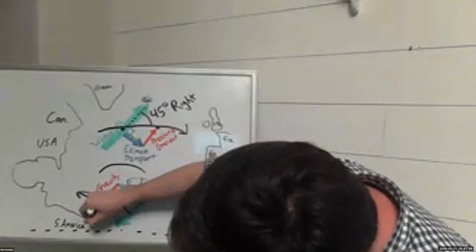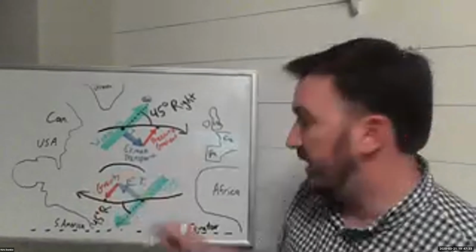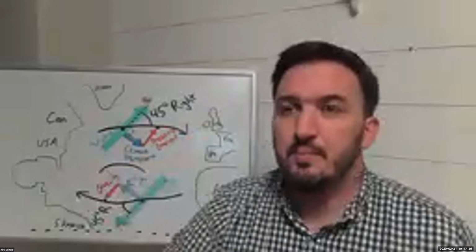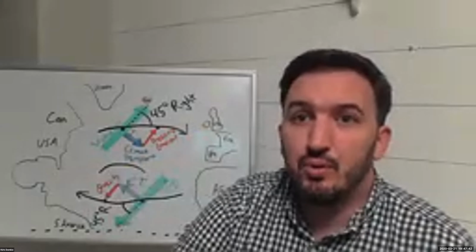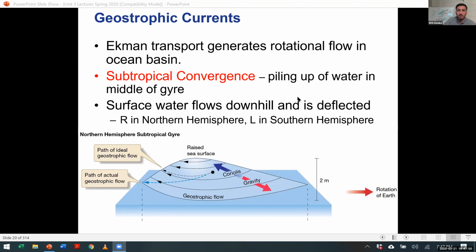Our trade winds are heading down that way, and the current is, again, 45 degrees to the right. That's a very poor arrow, but whatever, you get the idea. And we have two of the currents in the Atlantic gyre.